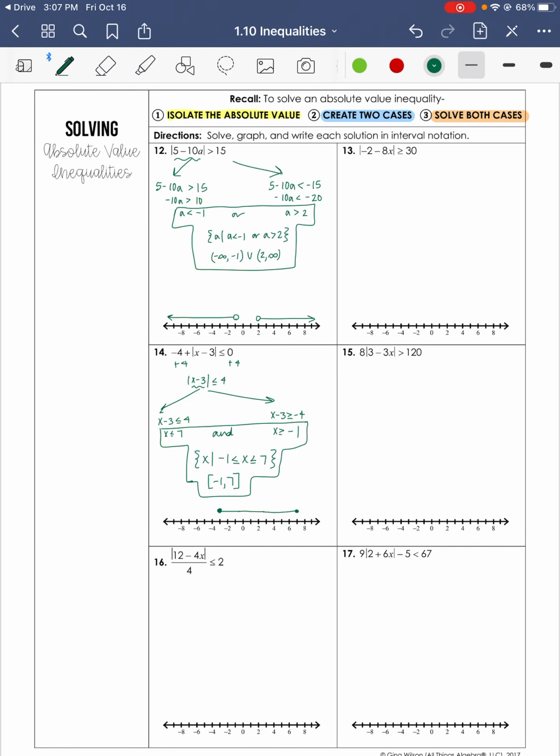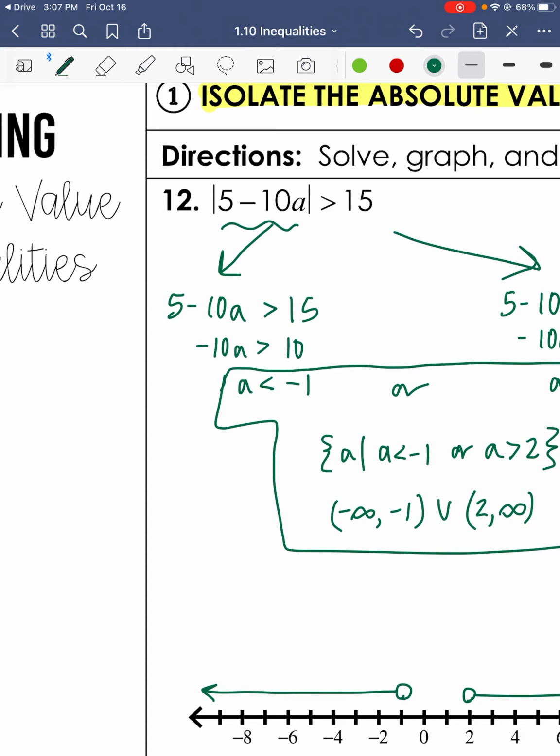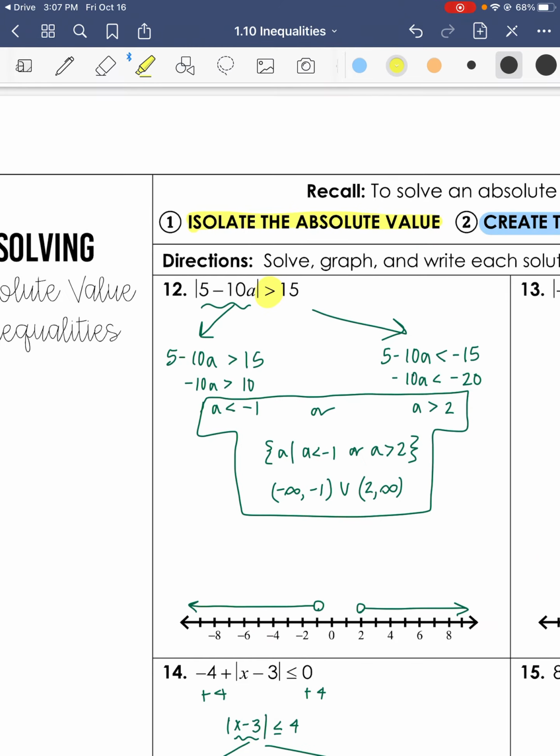Okay, so looking at this really quickly, there's a little trick where you can see right away whether you're going to have an and compound inequality or an or compound inequality. Once you get down to isolating the absolute value, if the side of the absolute value where your variable is is greater than the solution, it's going to be an or compound.